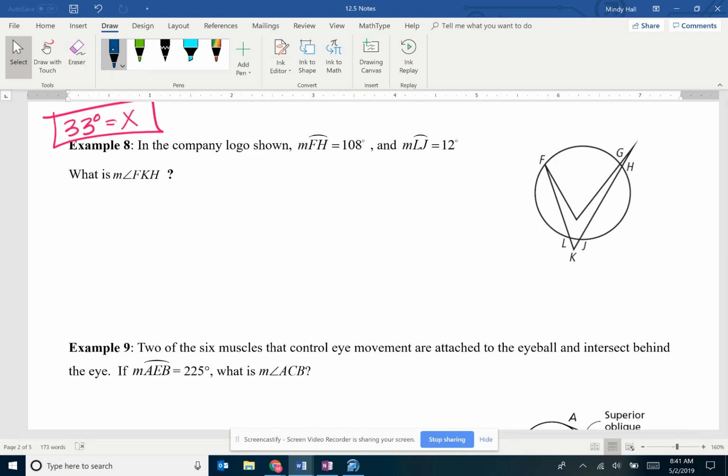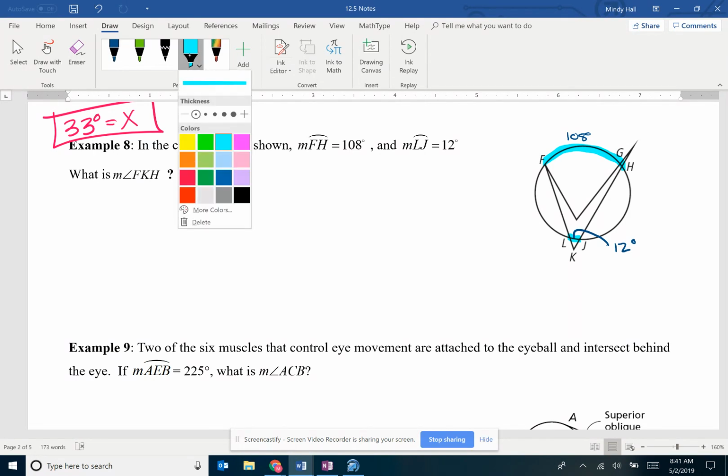So in example 8, the company logo shown, the measure of arc FH is 108, so F to H, and I'm going to go a little bit closer to the H so it's a little bit more obvious, that is 108 degrees, and the measure of arc LJ is 12 degrees. And we want to know what is the measure of FKH. And if you notice, FKH is this angle right here.